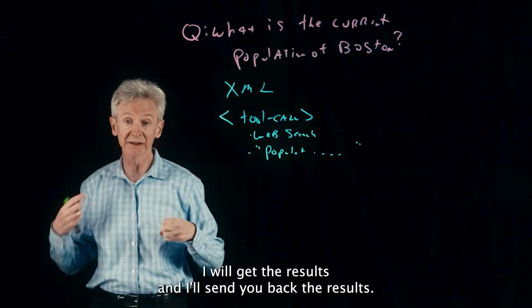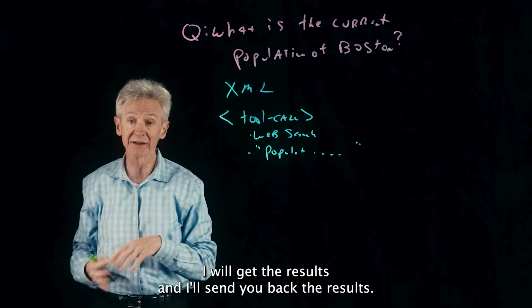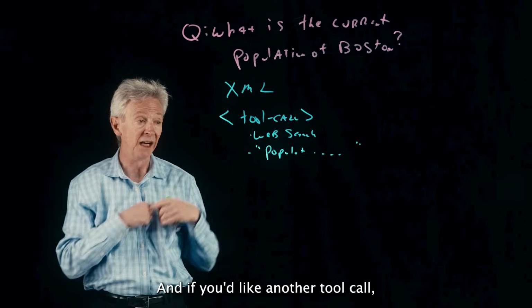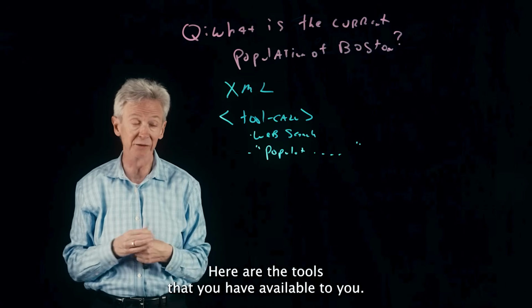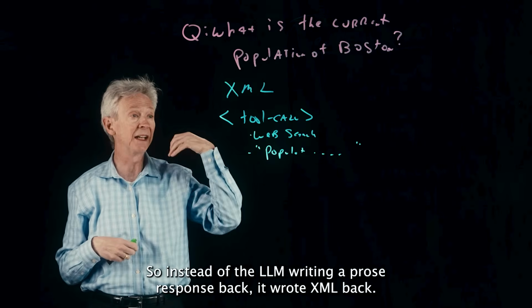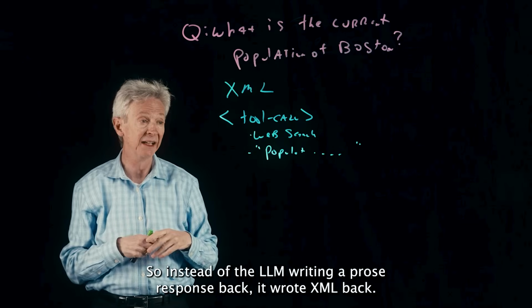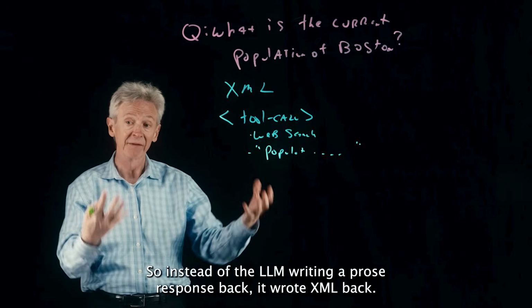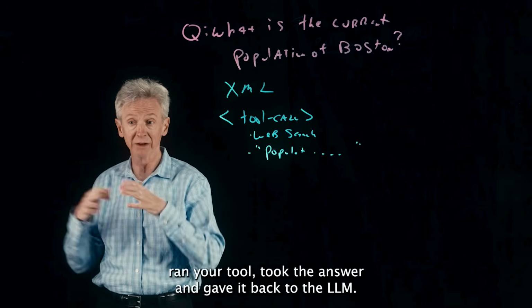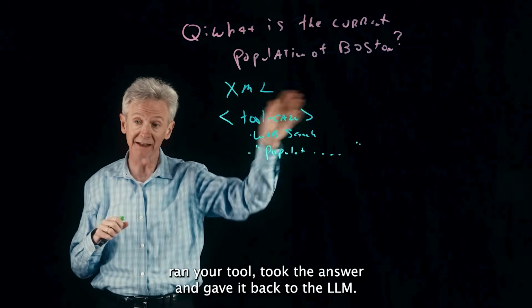I will get the results, and I'll send you back the results, and then you could try again to answer the question. And if you'd like another tool call, go ahead and do that. Here are the tools that you have available to you. So instead of the LLM writing a prose response back, it wrote XML back. Then you as an application parsed that XML, ran your tool, took the answer, and gave it back to the LLM.